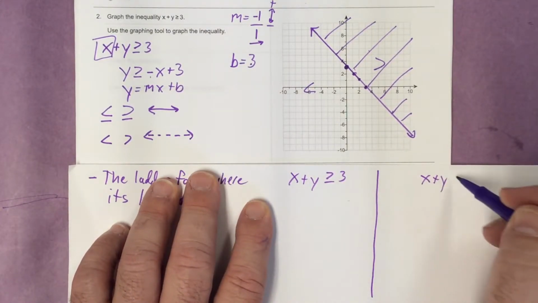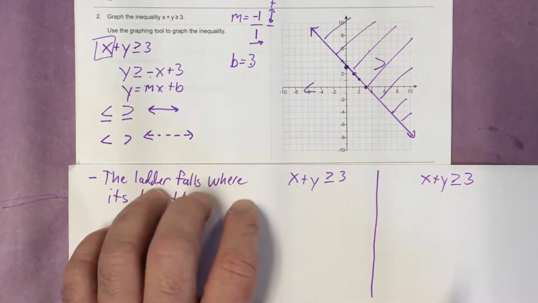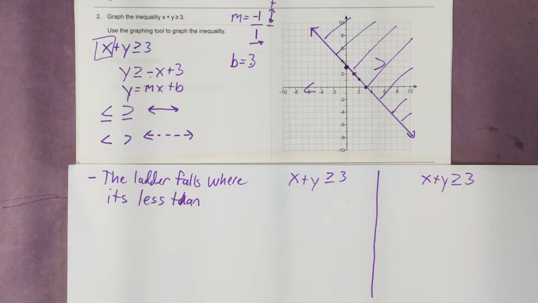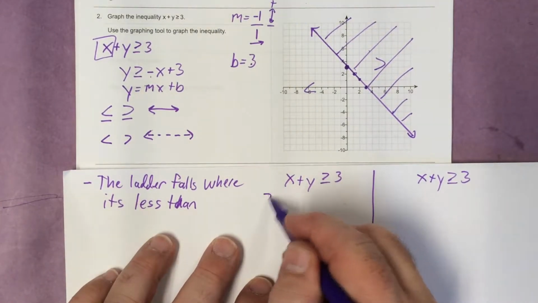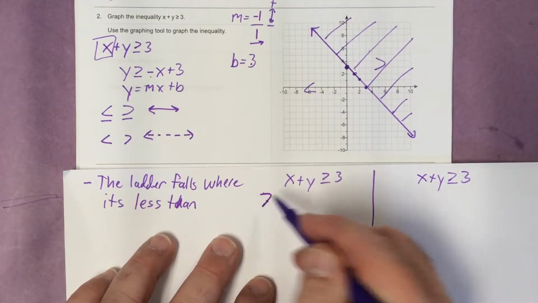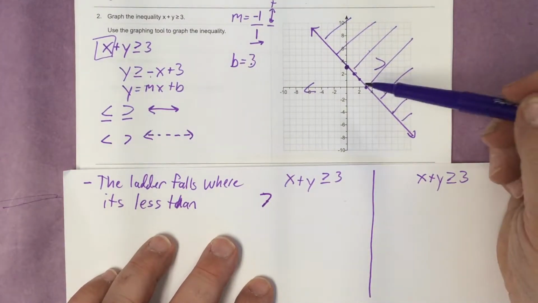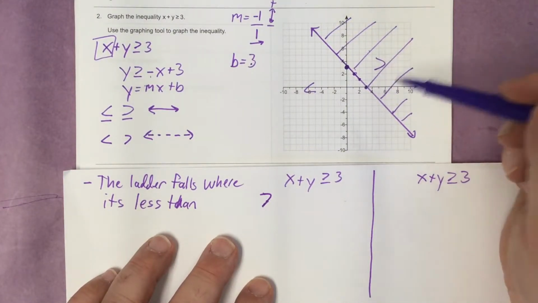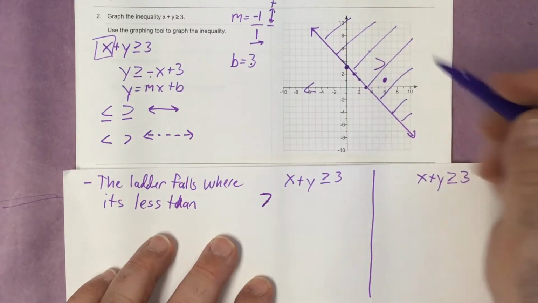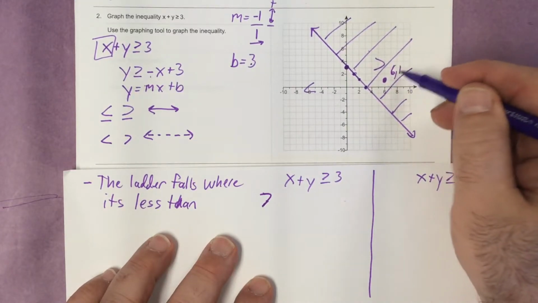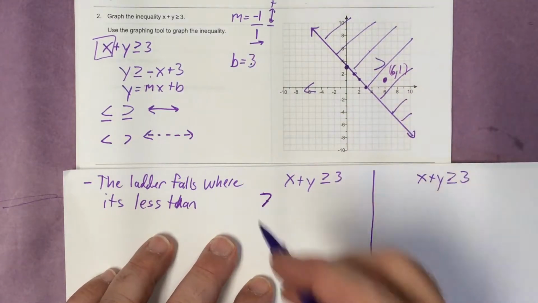So I'm going to start with a point on the greater than side. So let's see, one point could be, for example, let's say (6, 1).